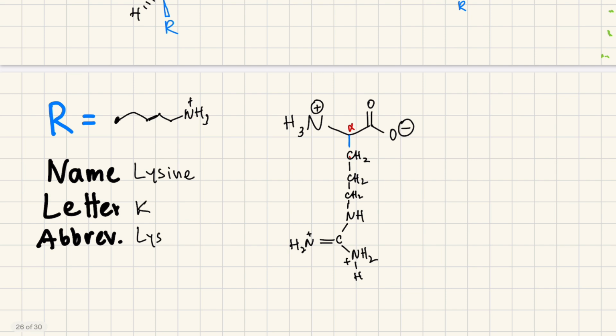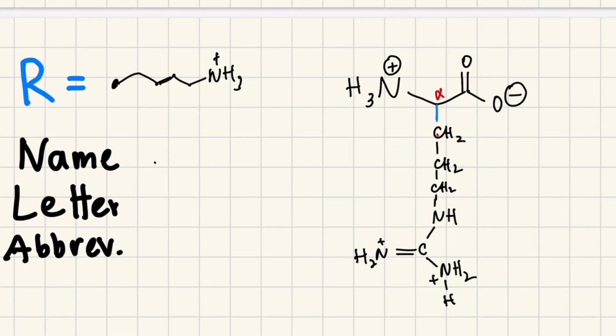And this one is so confusing, it makes me want to go commit crimes on the high seas. So it is called arginine, like what the pirates say, you know? So arginine, letter is R, and abbreviation is ARG. And I'm realizing that I actually forgot 2 amino acids, so we're not quite done yet.